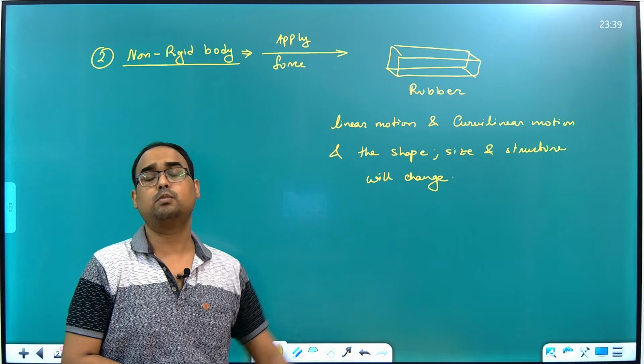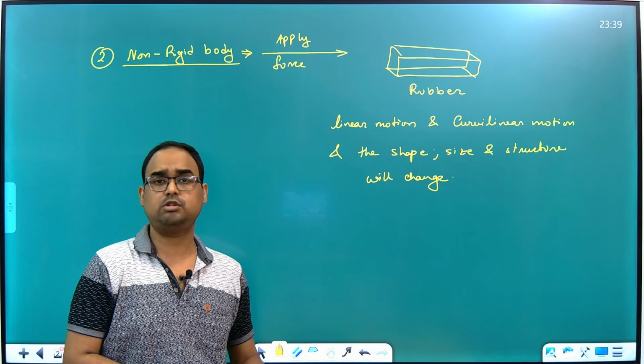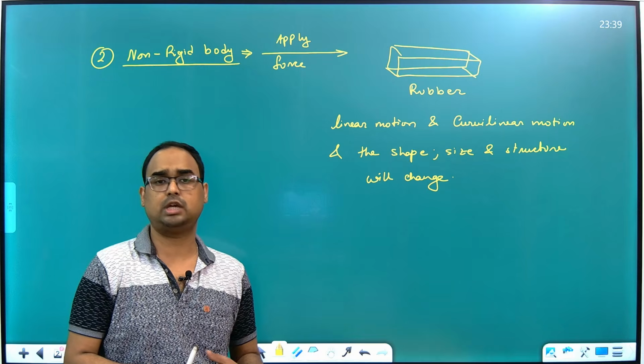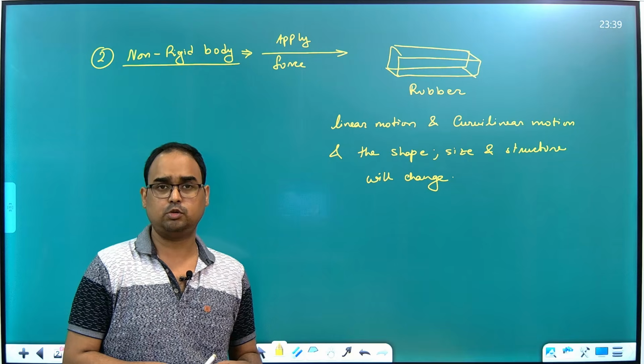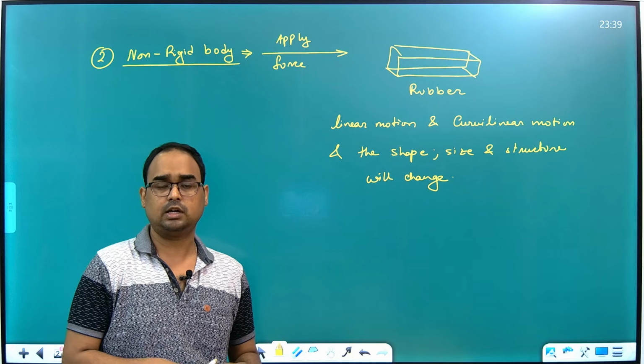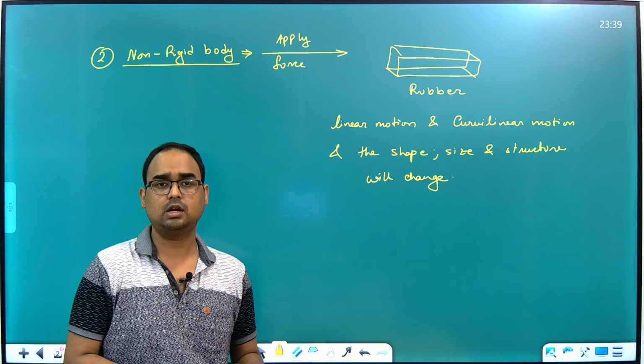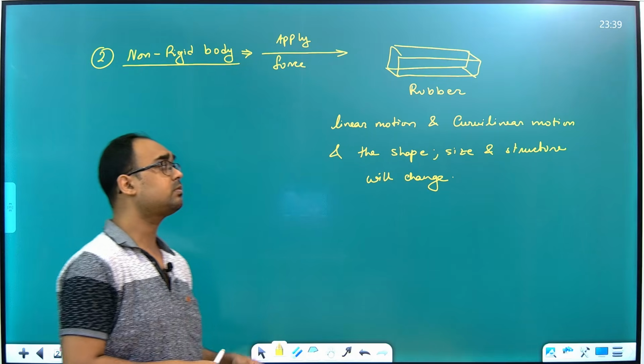But this point is not applicable for a rigid body, because rigid bodies are firm. You can't change its shape, size or structure by applying a certain amount of force. You need a huge, considerable amount of force to change its size or structure.